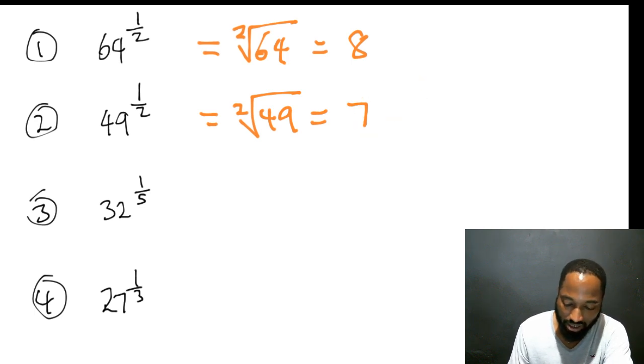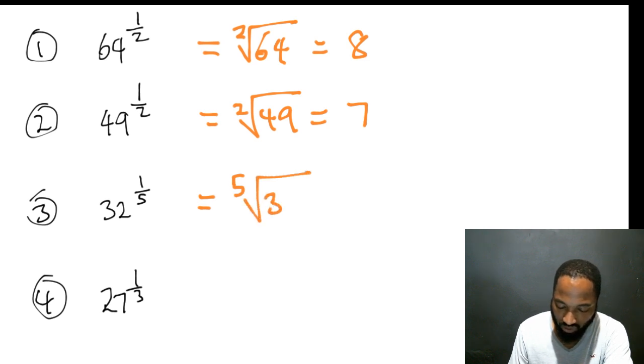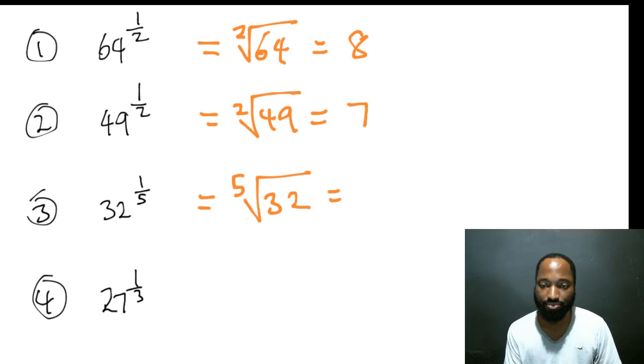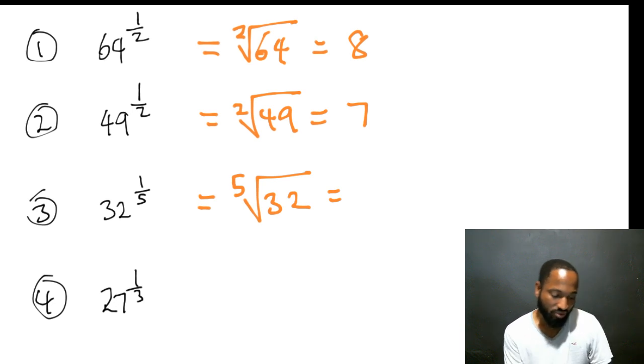So this is the fifth root. The fifth root of 32. So what is that? I see Charisma has the answer there. But what you need to do on your calculator is look for the square root, and next to the square root it will have it. So you'll either press shift or one of those buttons. Or if you're looking at the Y, somewhere around there on the Casio, it's by the hex button.